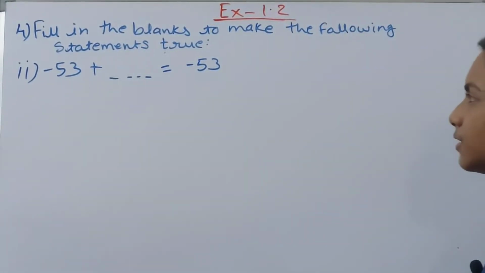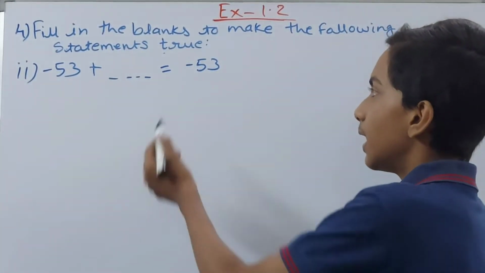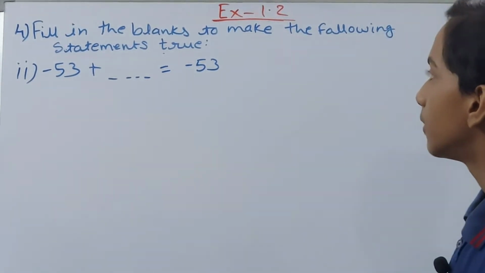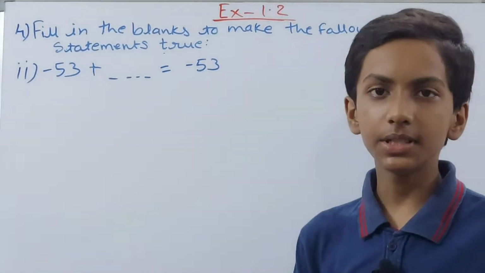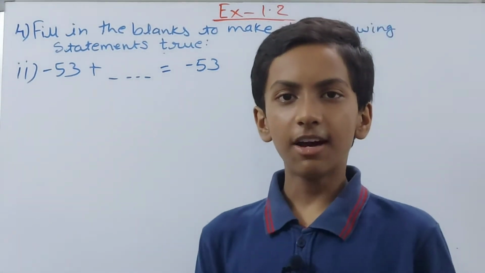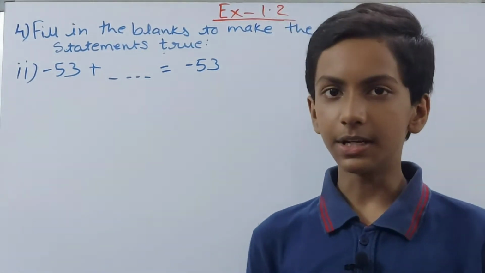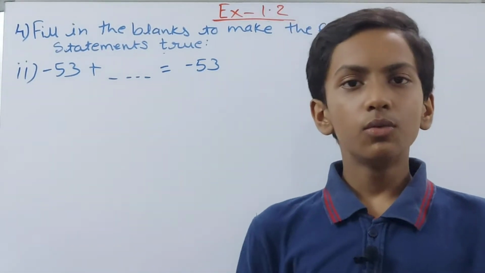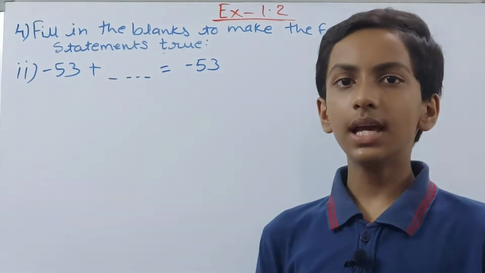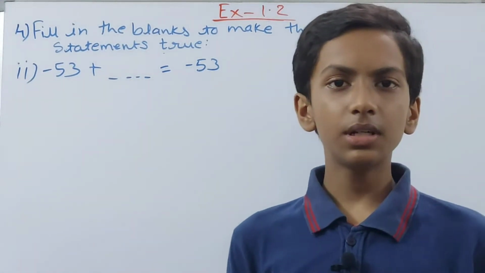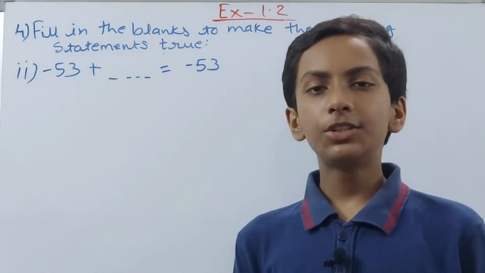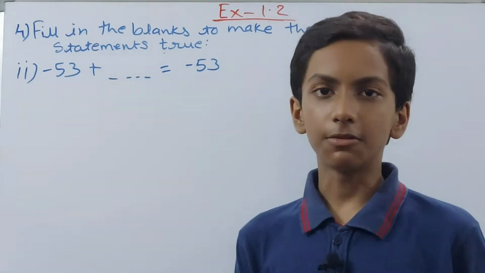Now we move on to the next part. It is minus 53 plus, again something we have to write, is equal to minus 53. Now here we have to study about additive identity, that is 0. What is additive identity? When we add 0 to any number, any integer, the answer comes out to be the number itself, right?